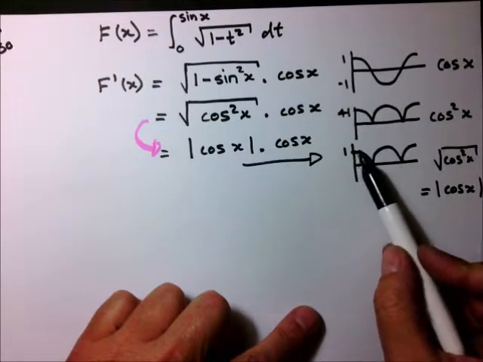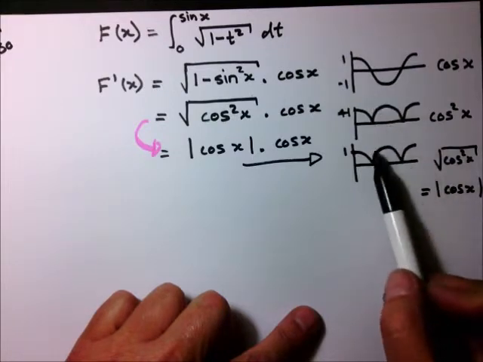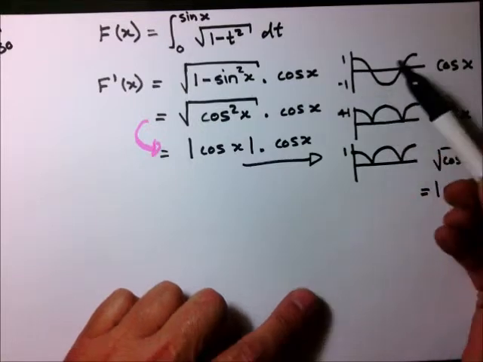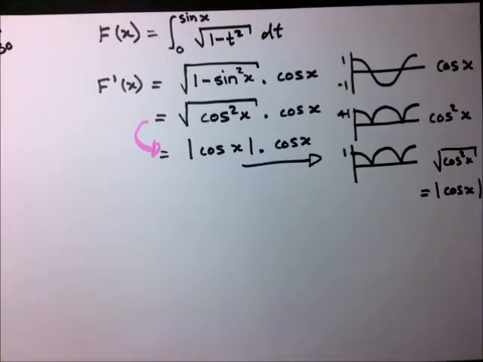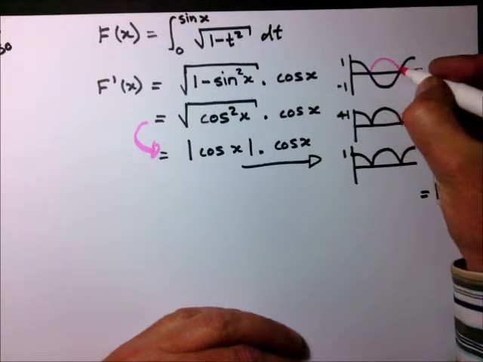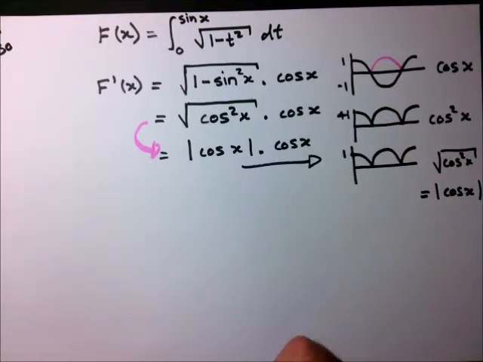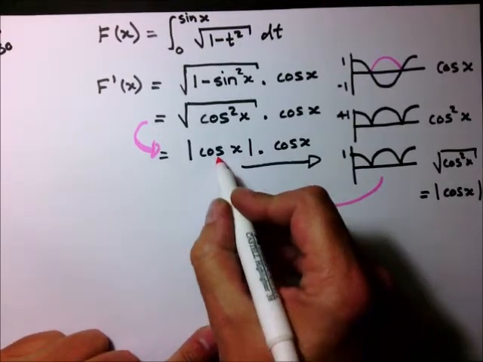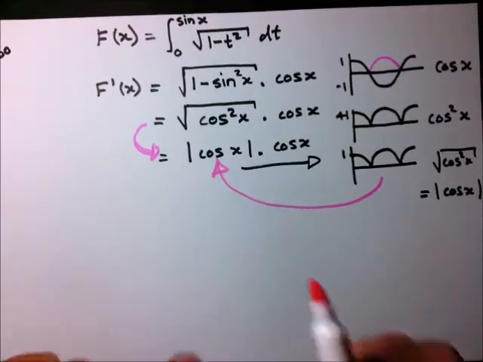So you can see that this graph is the same as that graph, where the negative side is flipped up vertically, and that is essentially where this absolute value comes from.